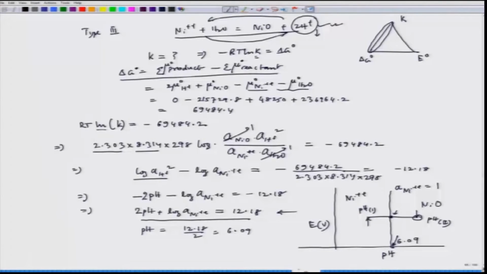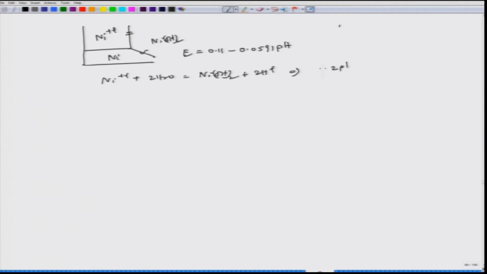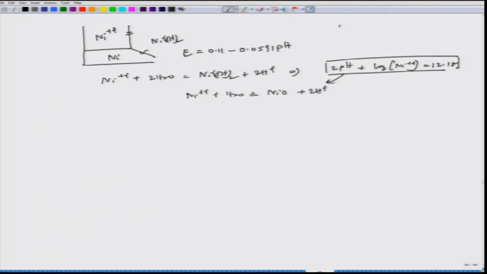Let us get back to the equation. You will get the same equation like this, minus 2 pH plus log a Ni plus plus. You will get the same equation we got for this reaction.